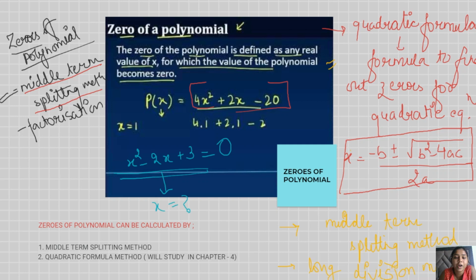The value of the variable we get after putting the whole polynomial equal to 0 is known as the zeros of polynomial.